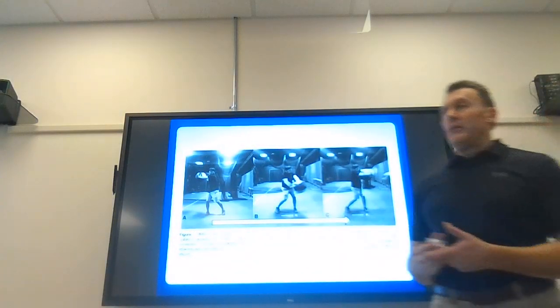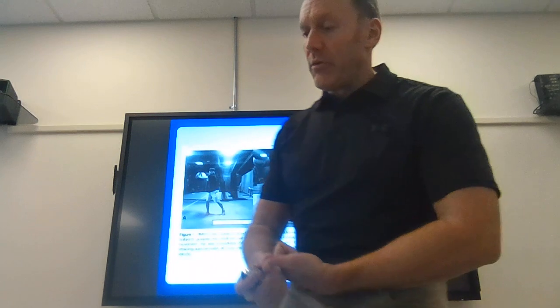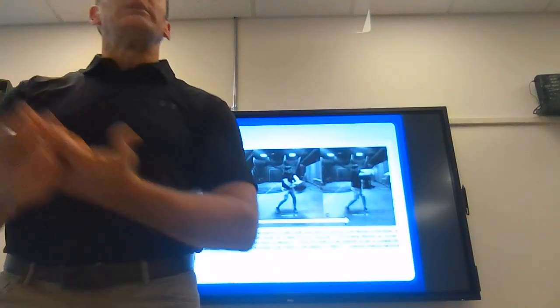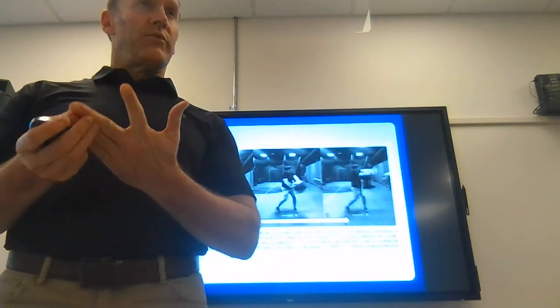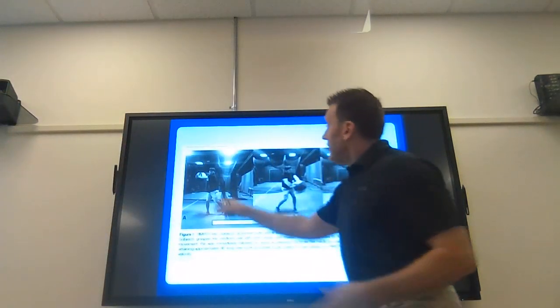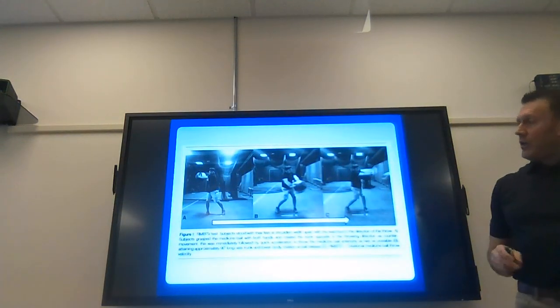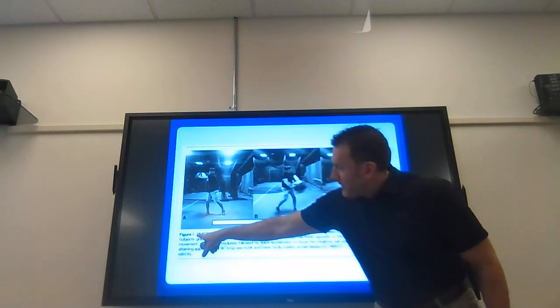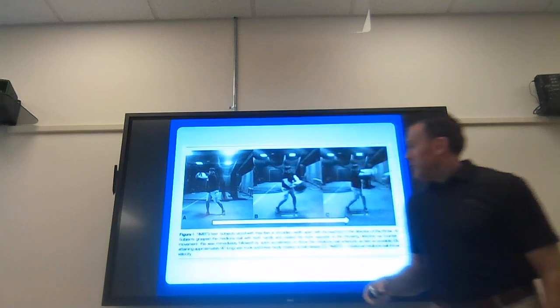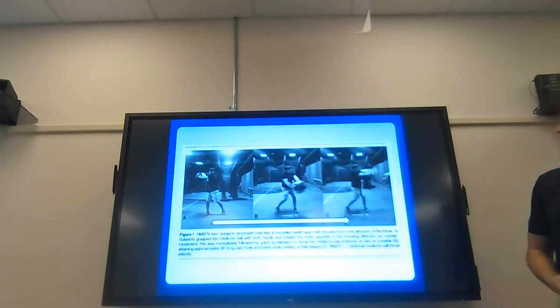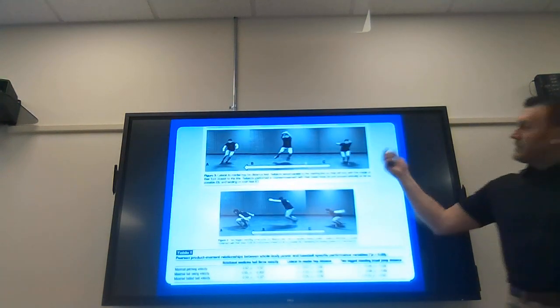So they knew how fast they could throw a baseball, they knew how fast they could swing a baseball bat, and then they looked at these three other performance tests. So how fast they could throw this medicine ball, so rotational medicine ball throw velocity test. So you can see there the description. And then they did some other tests.